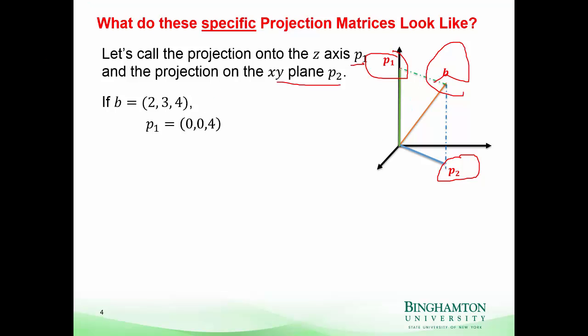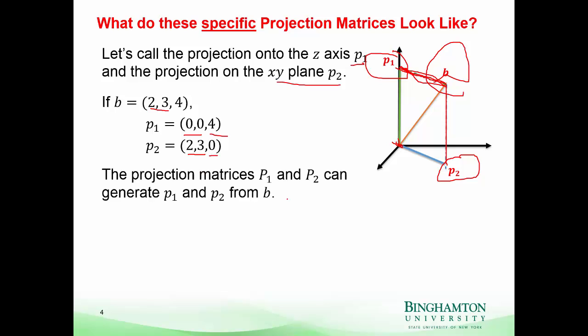It's sitting right here, so its XY components are 0, and its Z component is equal to the Z component of b, because we're shining this light and it just goes perfectly horizontally over to p1. So we set the 2, 3 equal to 0, and we keep the 4. So there's our projection. And likewise, this would be projected down. Its Z component of the projection is 0, but the X and Y components are the same as for b. So we keep the 2, 3, and we zero out the third element.